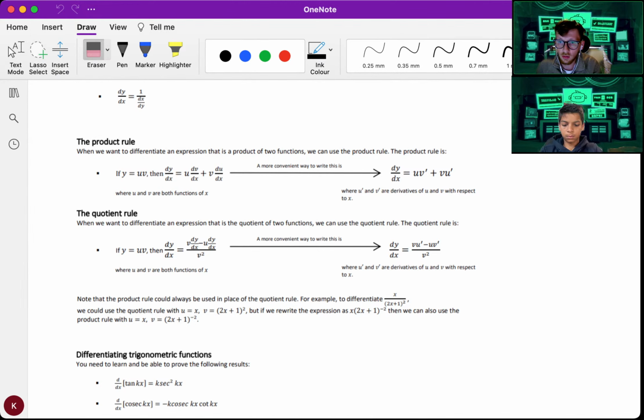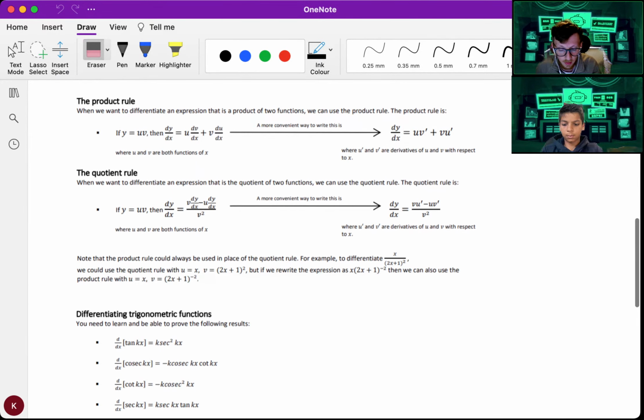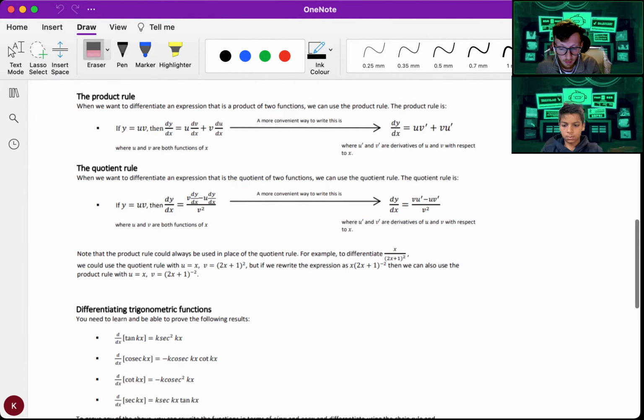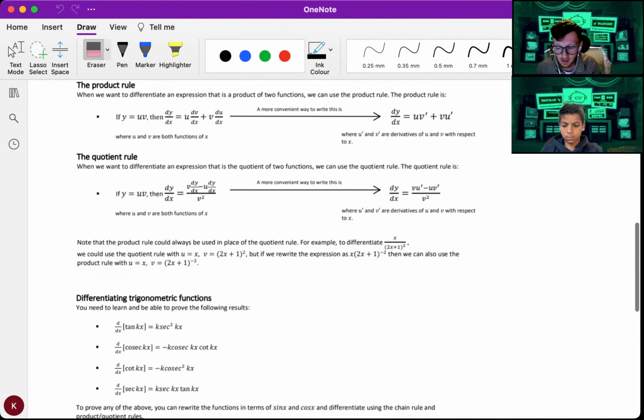So the other two rules that you need to know are the product rule and the quotient rule. The product rule is used to differentiate the product of two functions. If the two functions are u and v, and they're both in terms of x, then dy/dx, the derivative of y with respect to x, is u dv/dx plus v du/dx.